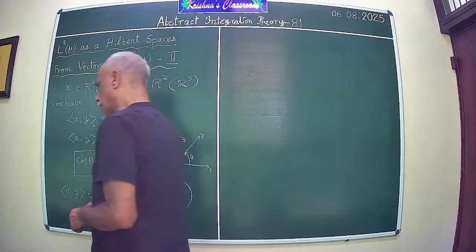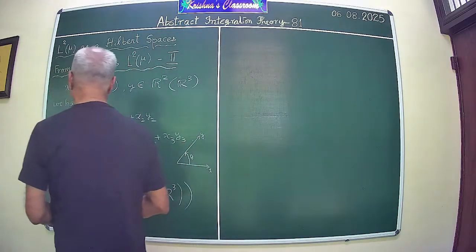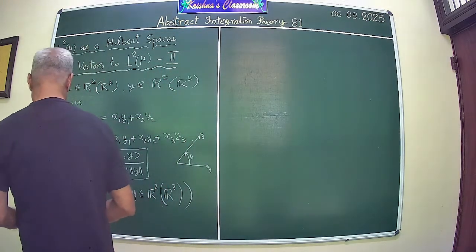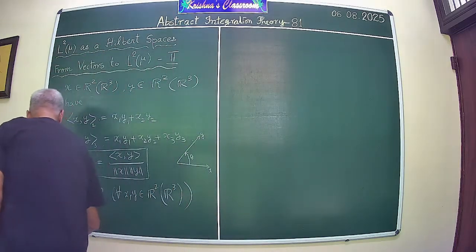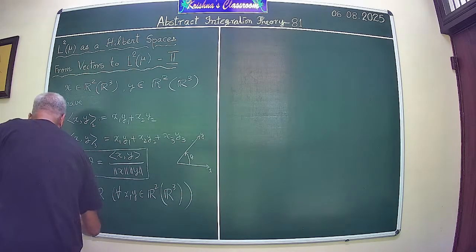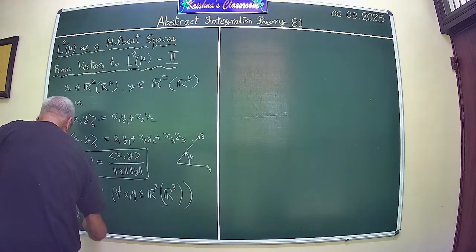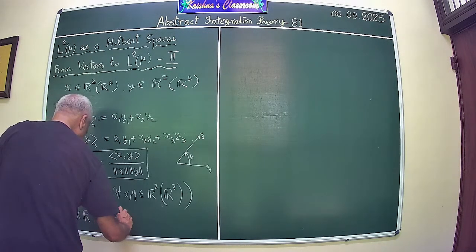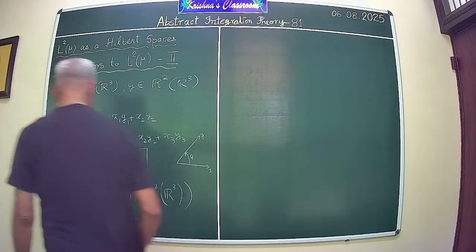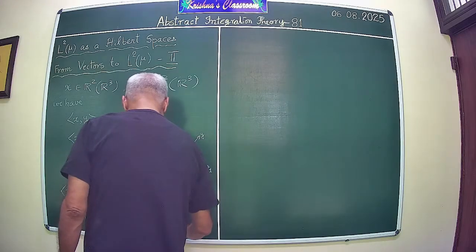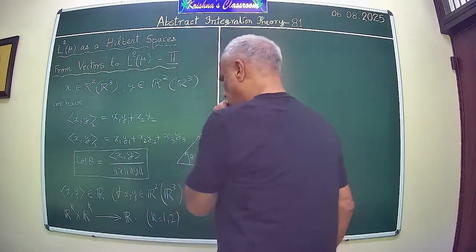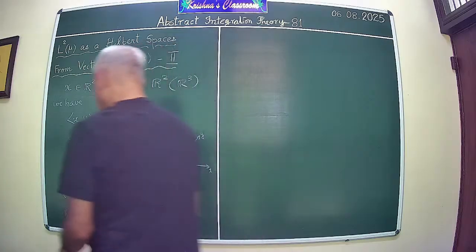So it's a map from RK cross RK to R, that is for k equal to 1, 2. So this is the map.